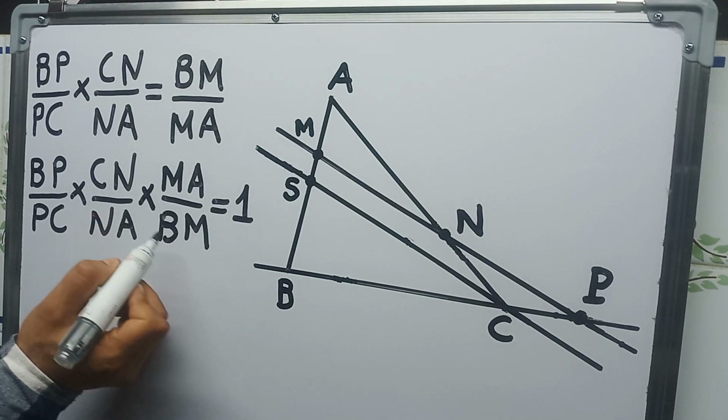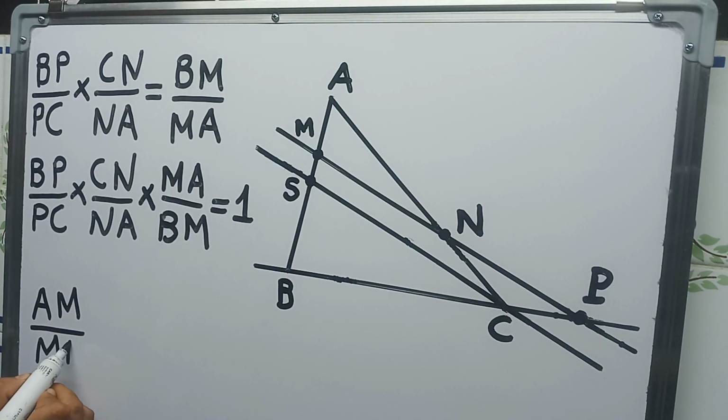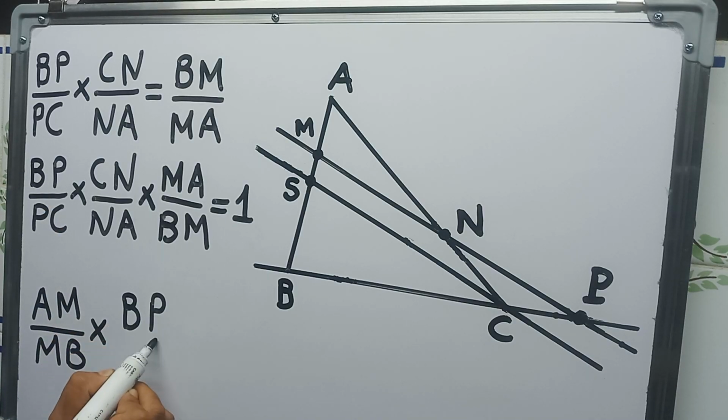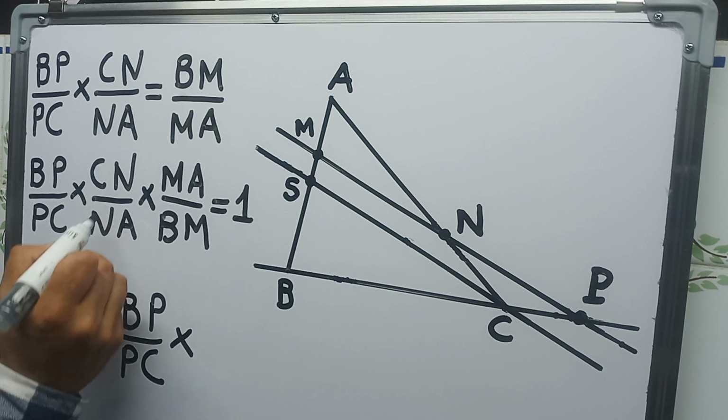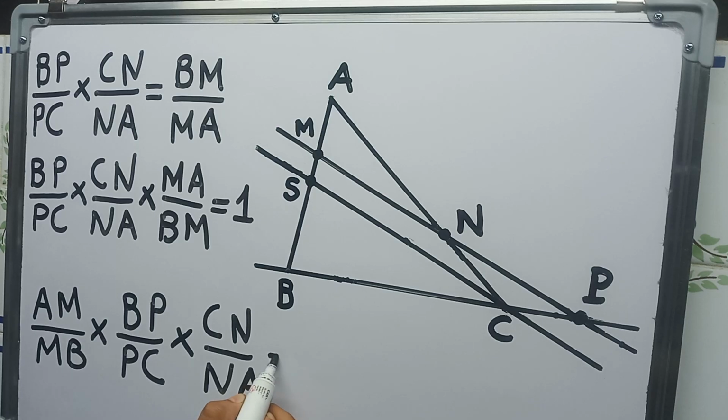So here, starting with this term, we have AM over MB times BP over PC times CN over NA, which is of course equal to 1. And this of course concludes our problem.